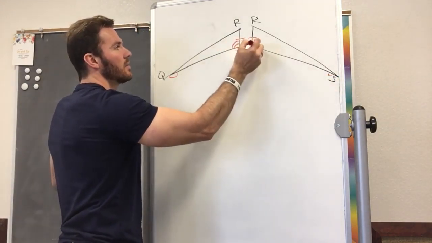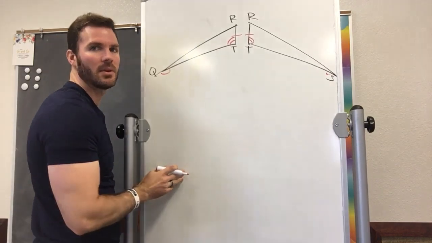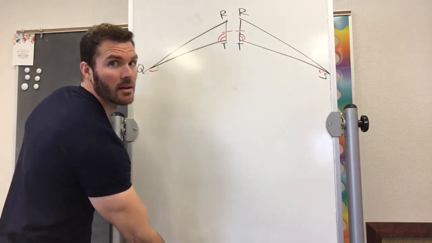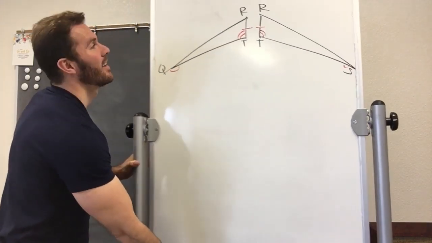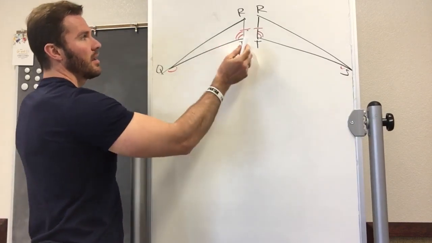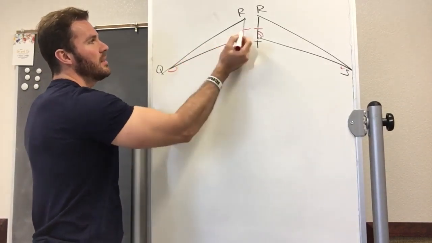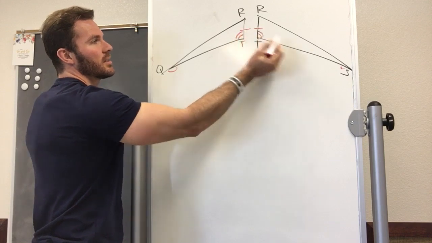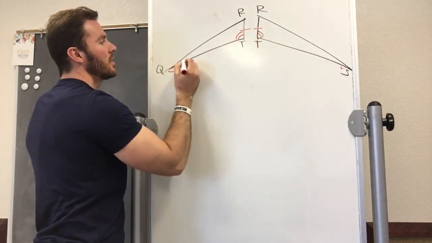These are congruent. Okay, hope you can see that. I'm trying to get rid of that glare. Now, the angles opposite of the sides that are congruent will also be congruent.